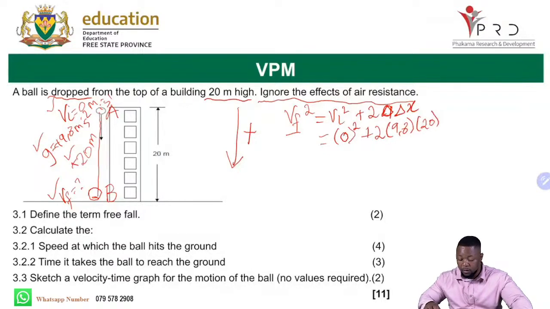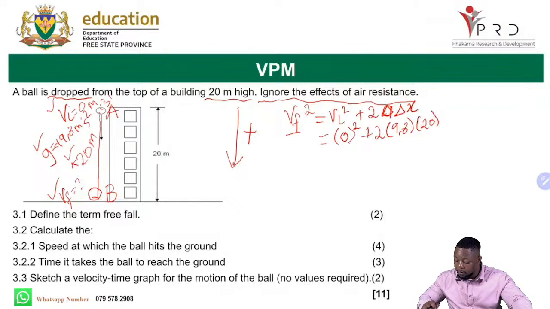So if we do the calculation here, that would be 9.8 multiplied by 20 multiplied by 2, and then that would be 392. And then we take the square root of that.